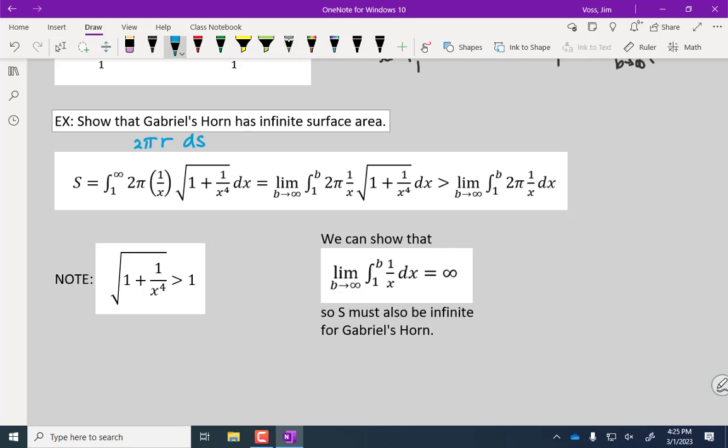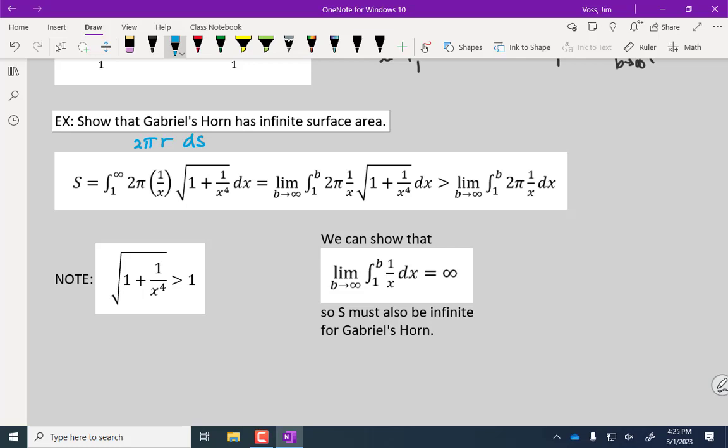So 2 pi, the radius is 1 over x, and remember ds from arc length is 1 plus y prime squared under a square root. So we get this. That is not integrable, there's not going to be an easy antiderivative. It's definitely an improper integral, so we turn it over to a limit of a definite.